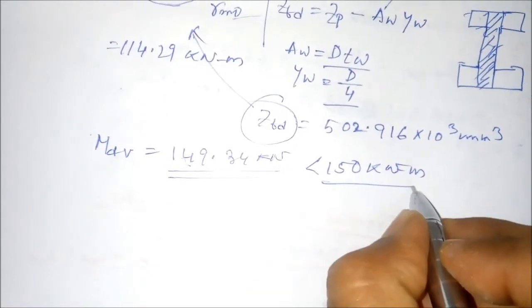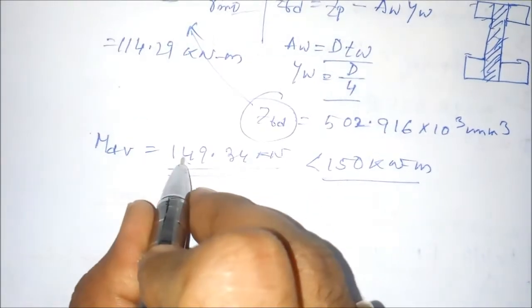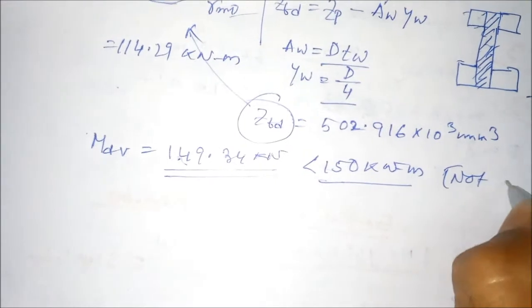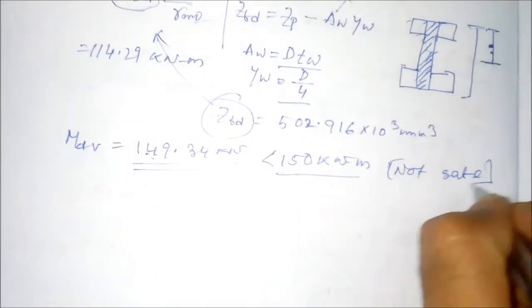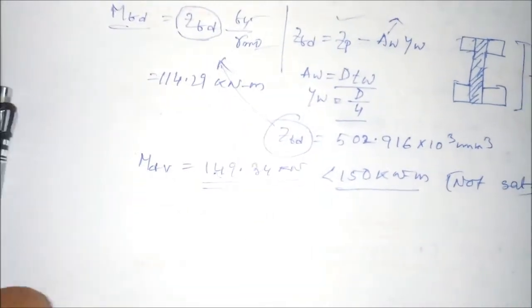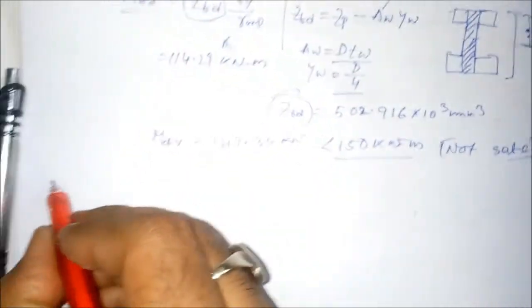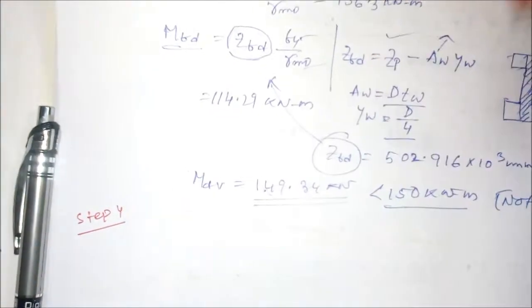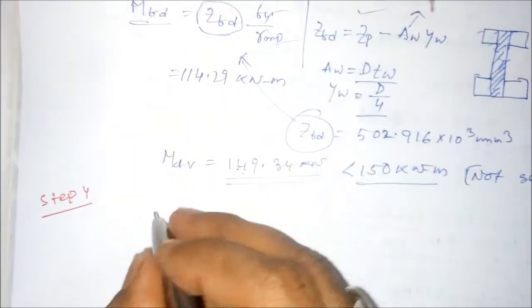This is 150, right? So this is lesser than this, so this is not safe, right? So we have to use another section. So we have to again go back to our step number 4, and we have to choose another section.